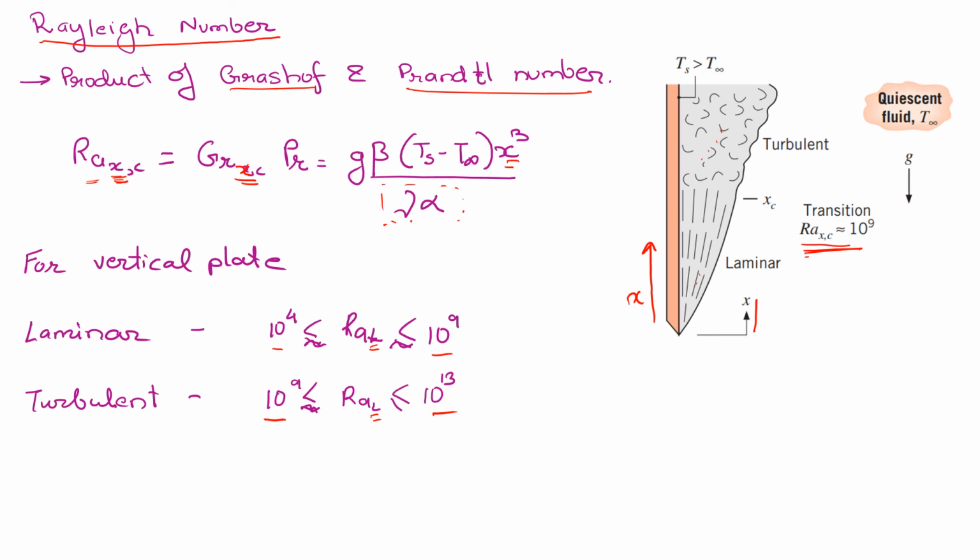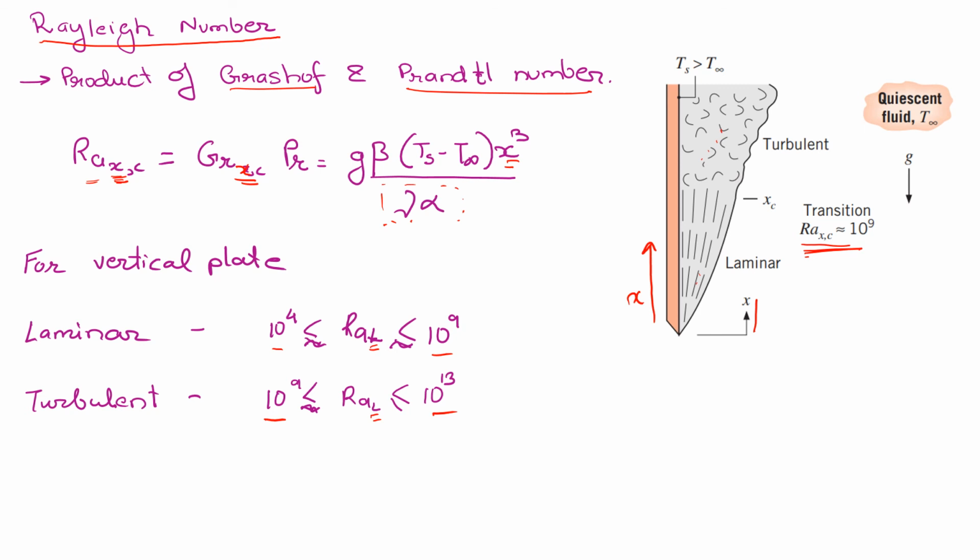It's very important that we know how our flow is, because as we'll see in our problems or in some future lectures, the equations that we use to find the convection, or the heat transfer coefficient, depend on what type of flow it is.